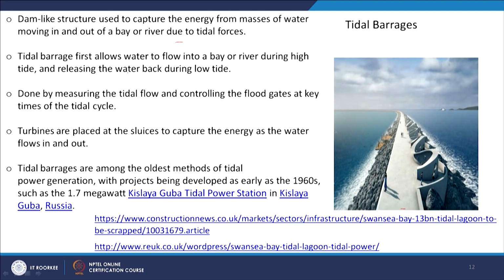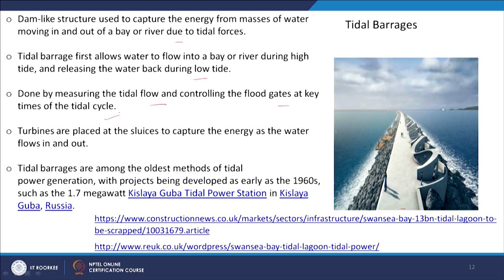The tidal barrage first allows water to flow into a bay or river during high tide and releases the water back during low tide. This is done by measuring the tidal flow and controlling the floodgates at key times of the tidal cycle.